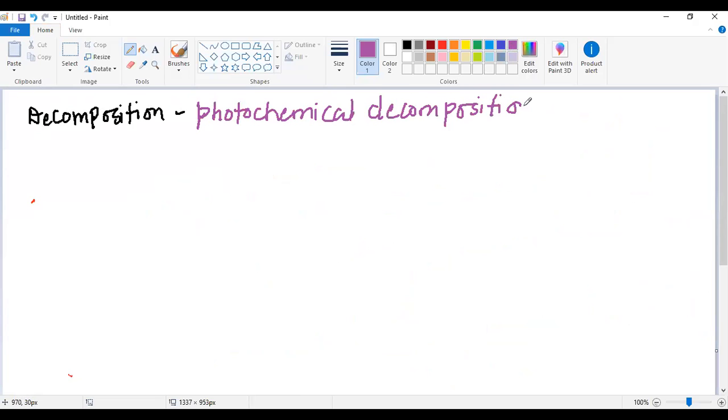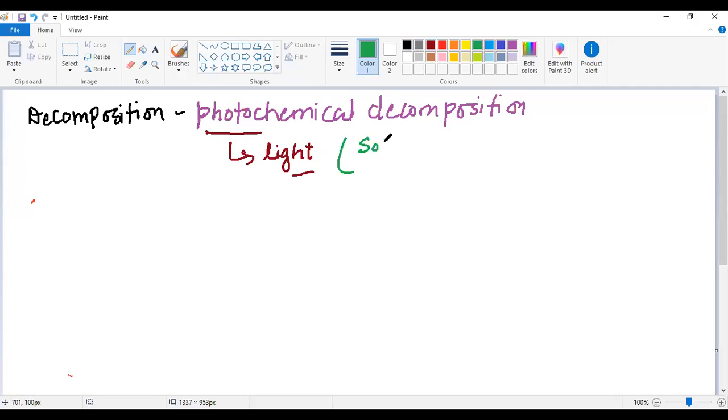So when it comes to photochemical decomposition, let us understand this word. What is the meaning of the word photo? Dear students, this word photo means light. So some chemical compounds are light sensitive.